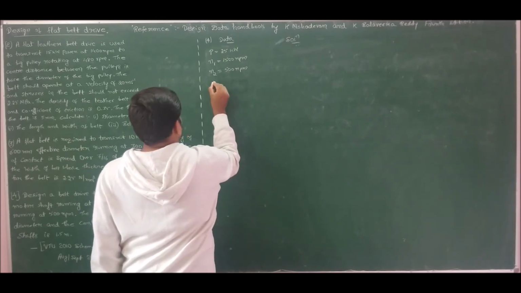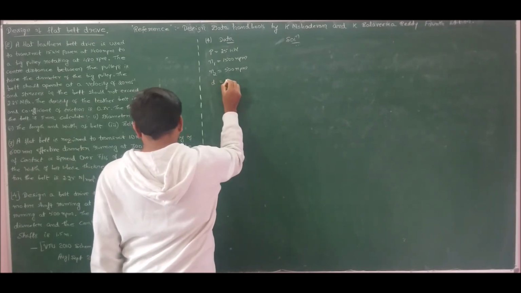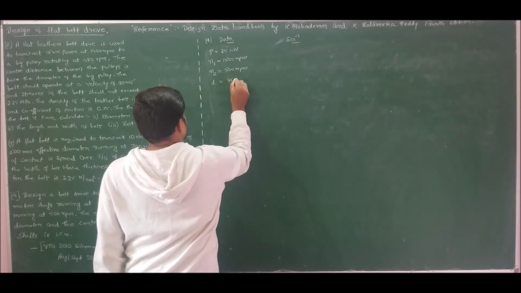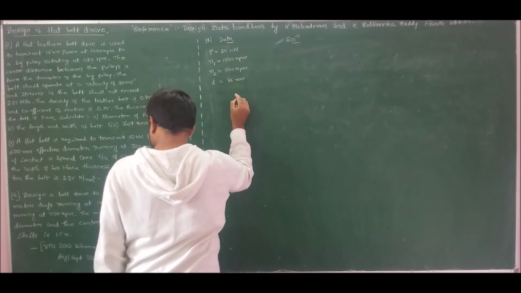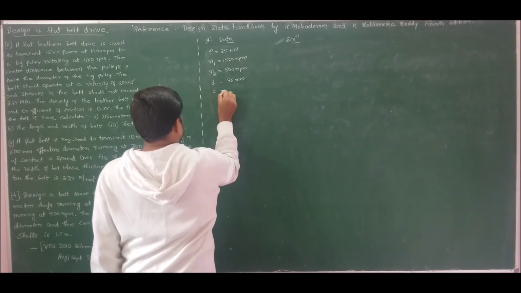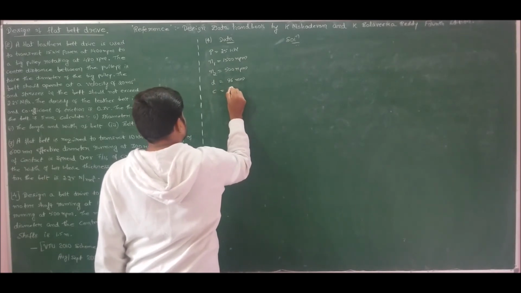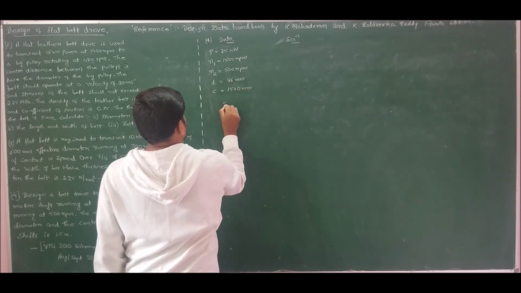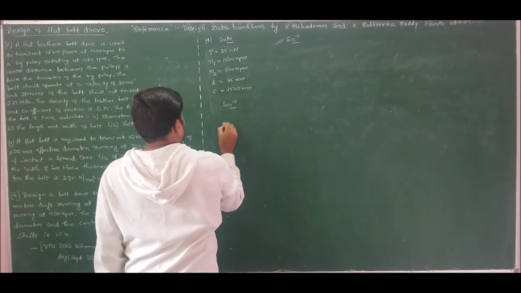The motor, there is a prime mover, diameter is given, small d is 96 mm. The center distance is also specified, which is 1.5 meters, which is nothing but 1500 millimeters. So let us solve this problem.